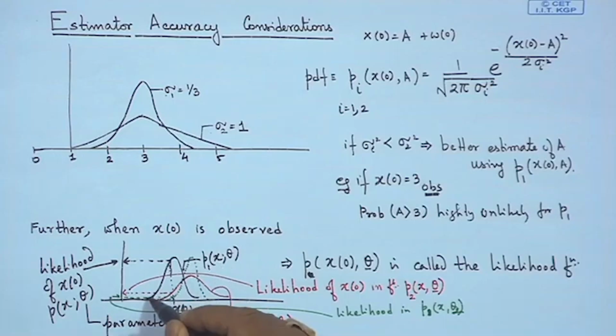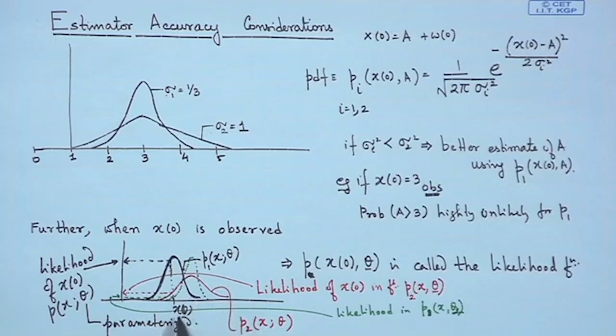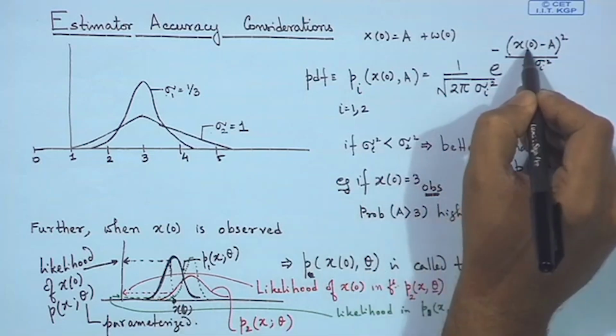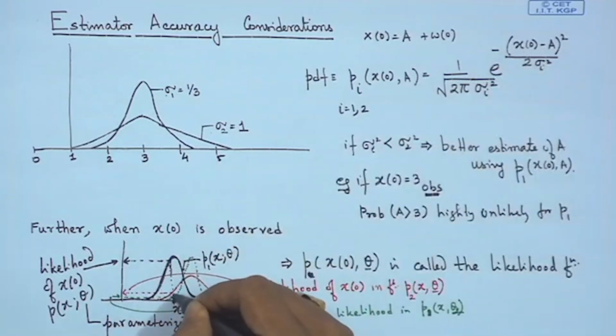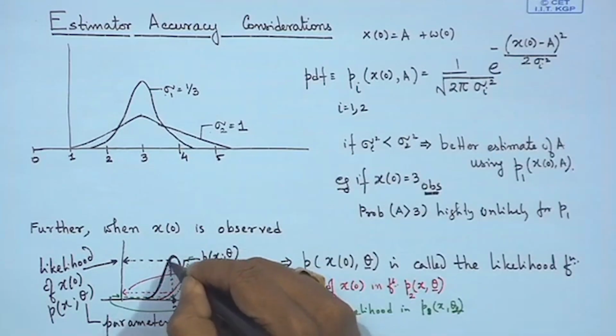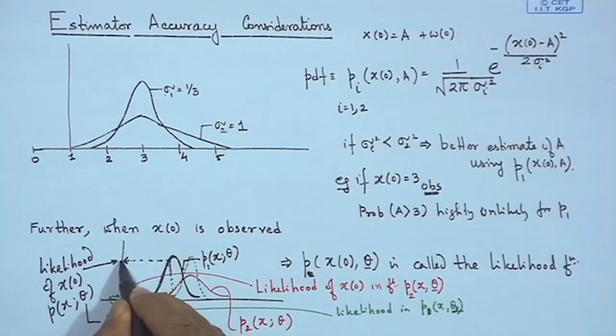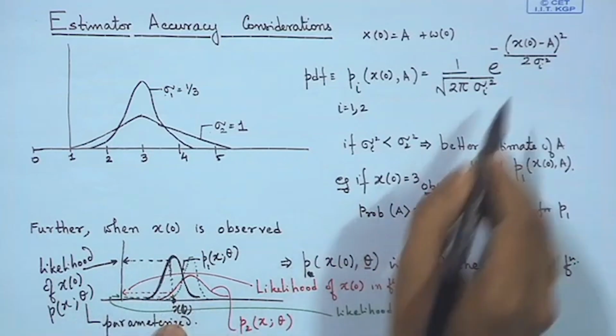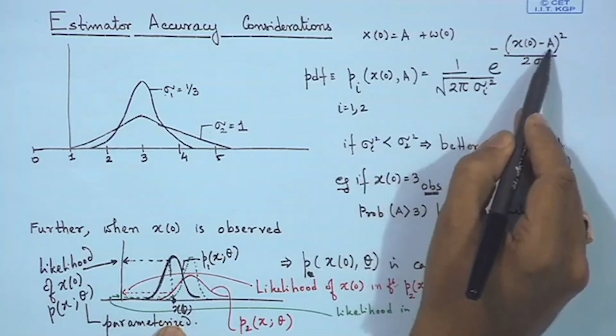So, what happens if I consider this particular PDF, which is parameterized by theta, and suppose I have observed x at this point. So, when I put the value of x in this PDF, right, I could find, so of course, this PDF is parameterized by A or theta over here, I would find that this function yields a value which is here. So, this tells the likelihood of receiving x0 when I put into this PDF for a choice of A or theta, as it may be.